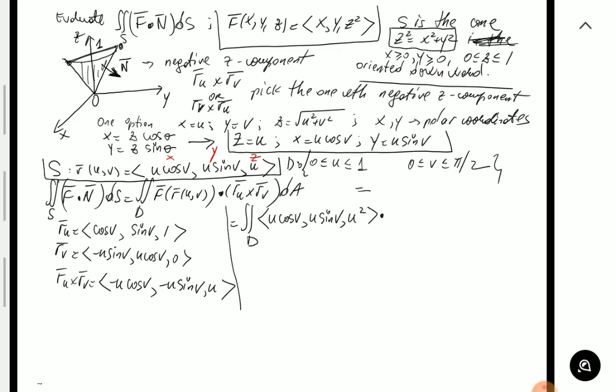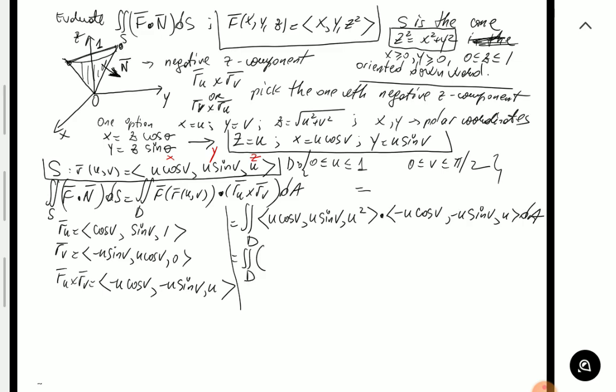And then you dot product this with ru cross rv, which is minus u cosine of v, minus u sine of v, and u. So we perform the dot product, and then we compute the double integral that results from this.